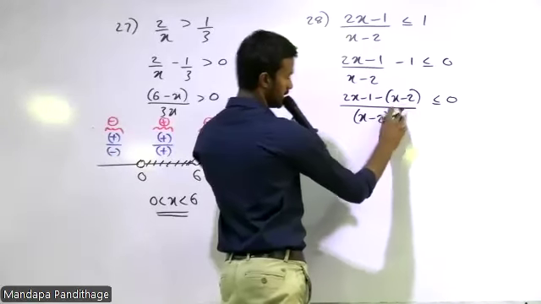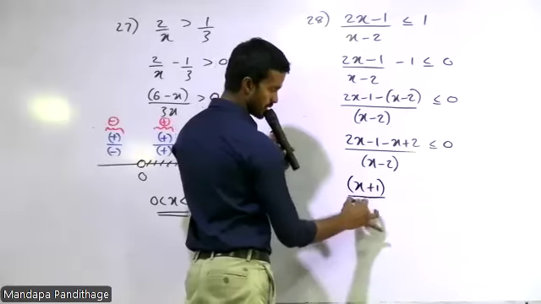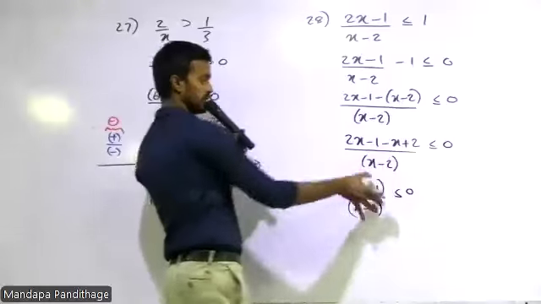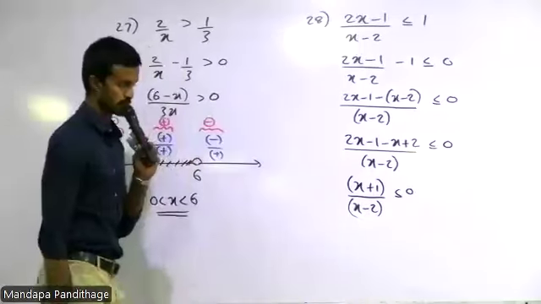So 2x minus 1 minus x plus 2 over x minus 2, which means the inequality simplifies to x plus 1 over x minus 2.